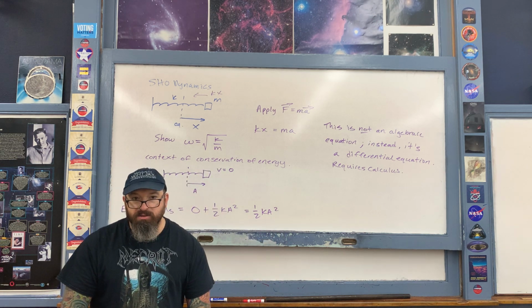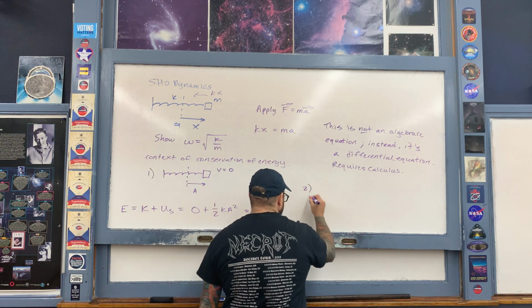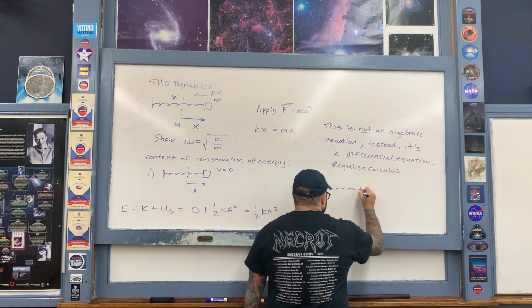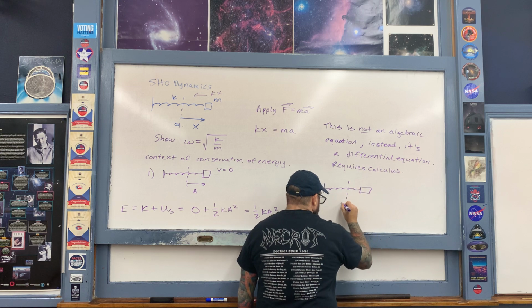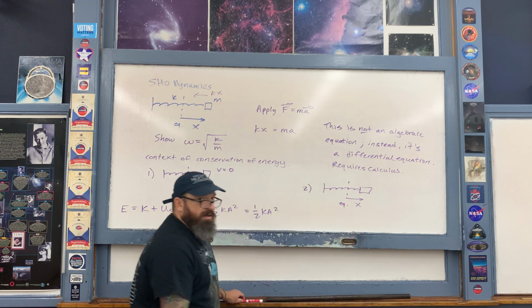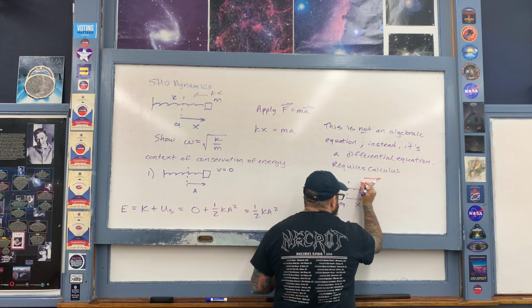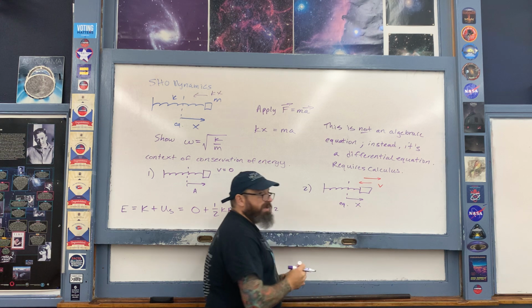Now let's take a look at an arbitrary point in the oscillation. Let's call this situation 2. Let's say that right here is the equilibrium position once again, and we have some arbitrary value of x. At that instant, the oscillator is moving in this direction or in this direction with some speed v.